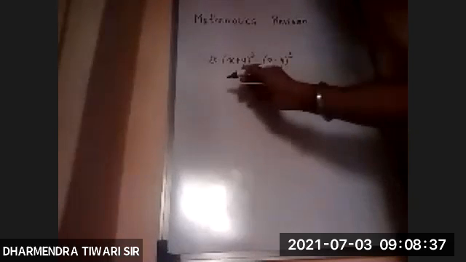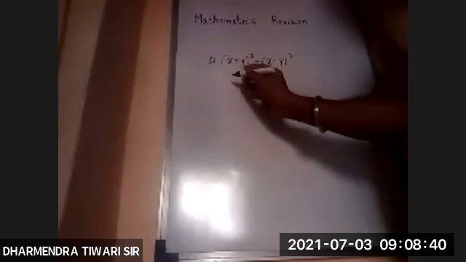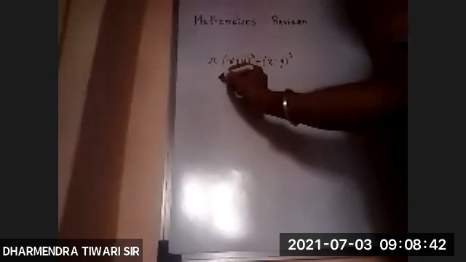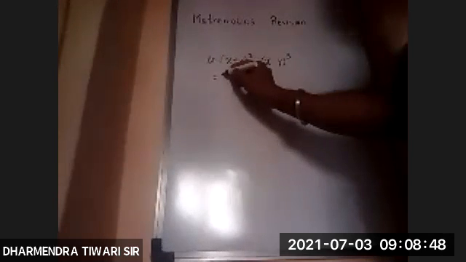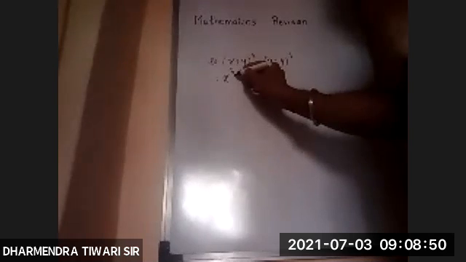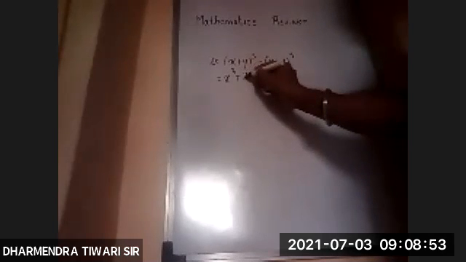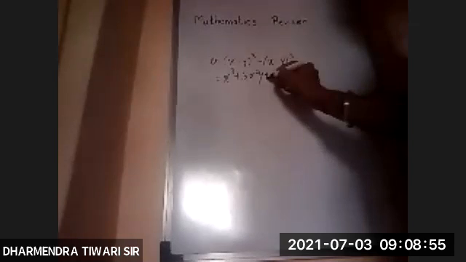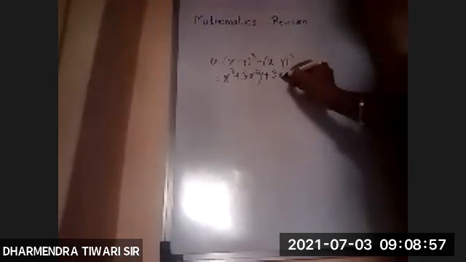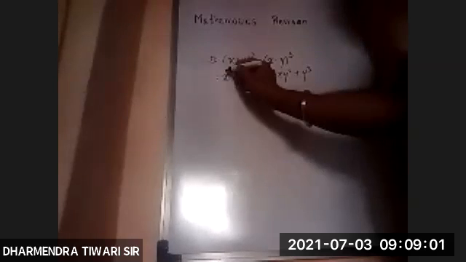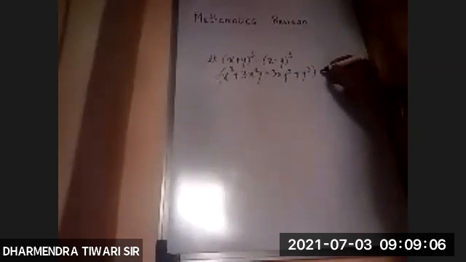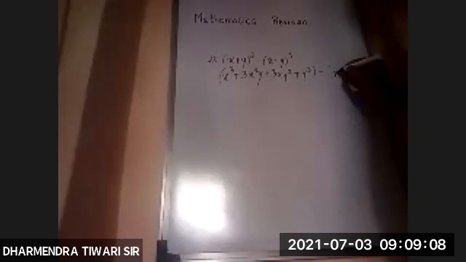So the formula for x plus y the whole cube is x cube plus 3x square y plus 3xy square plus y cube in bracket, minus in bracket x cube.